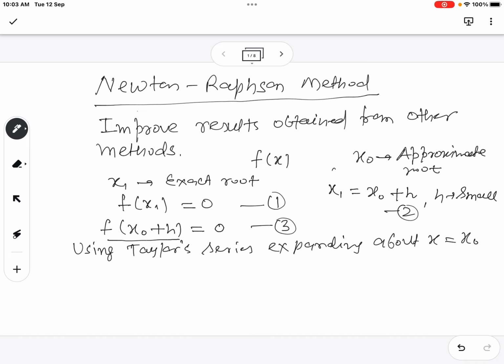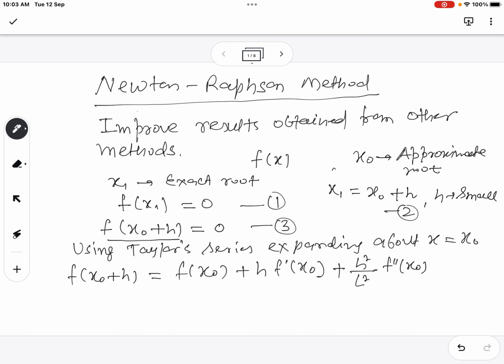So I can write it as f at x0 plus h derivative of f at x0 plus h square by factorial 2, second derivative of f at x0 plus h cube by factorial 3, third derivative of the function at x0, and so on and so forth.